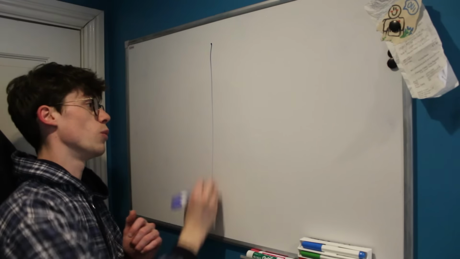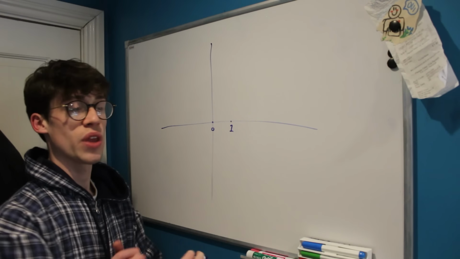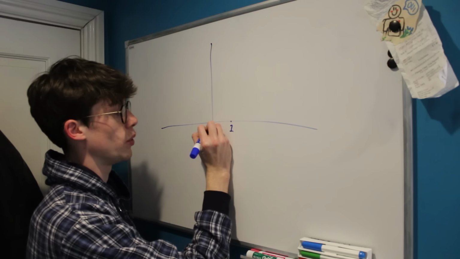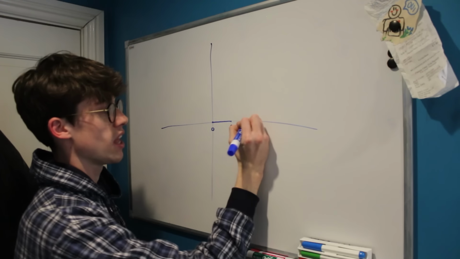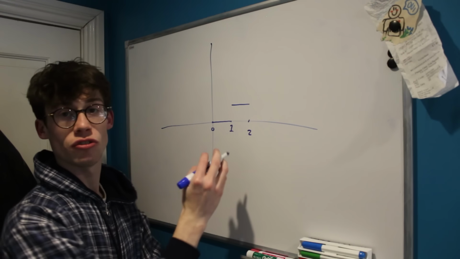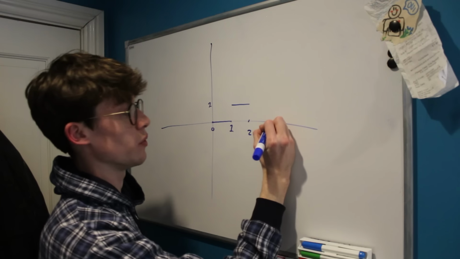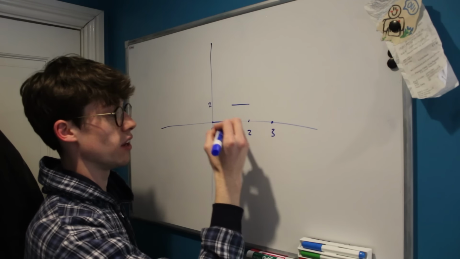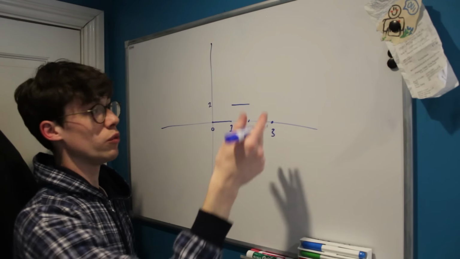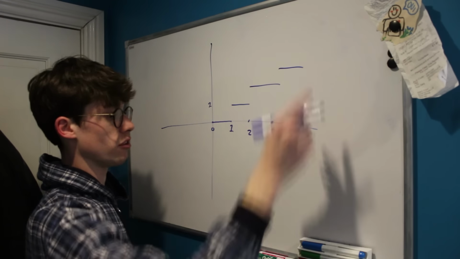So if we were to imagine what the graph were to look like, in between 0 and 1, every input would just get put down to 0. But the second that we step up to 1, we begin to truncate everything to 1. And similarly, the second that we step up to anything greater than 2, we truncate down to 2, like so, and greater than 3, we truncate down to 3.